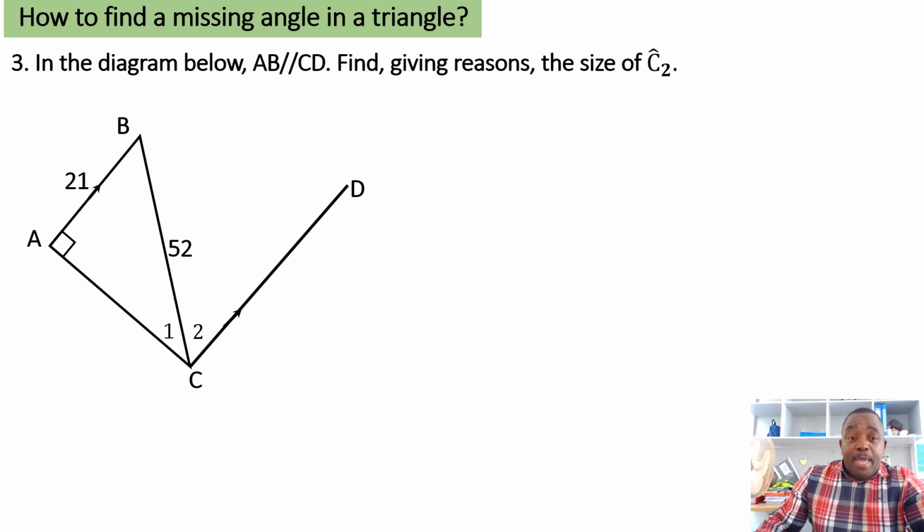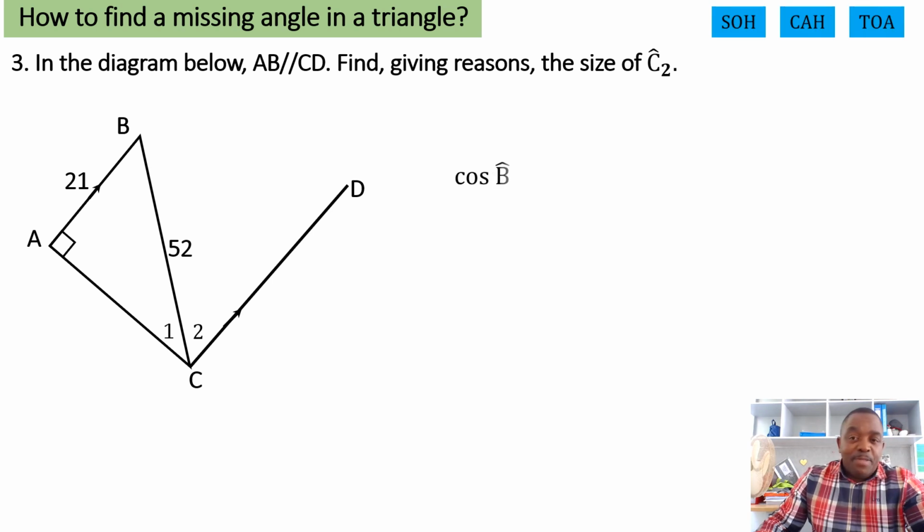However, I know for a fact in my geometry that angle B and angle C2 are definitely equal angles in terms of parallel lines, because the line AB and the line CD are parallel. So if we can find angle B, we'll be able to find angle C2.